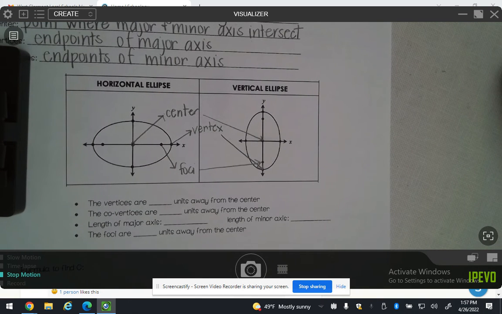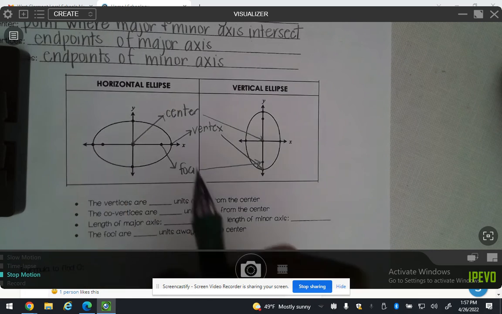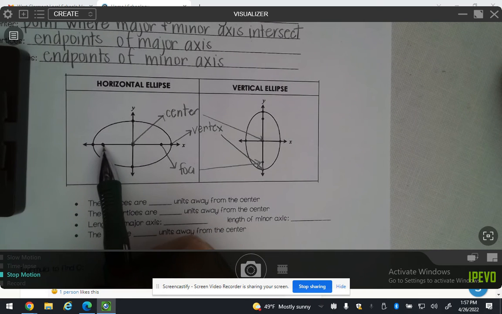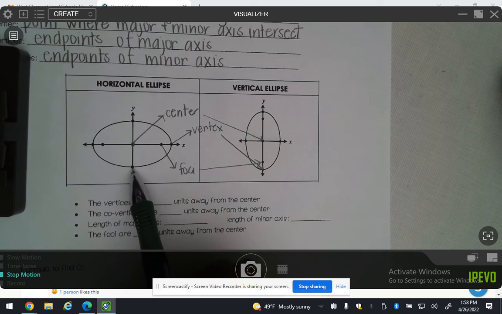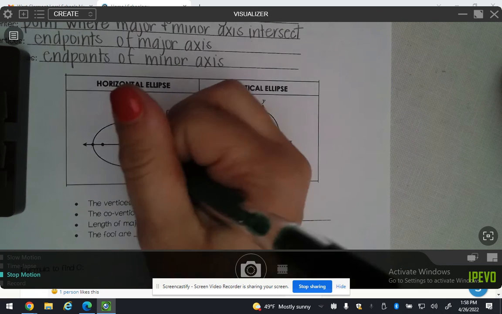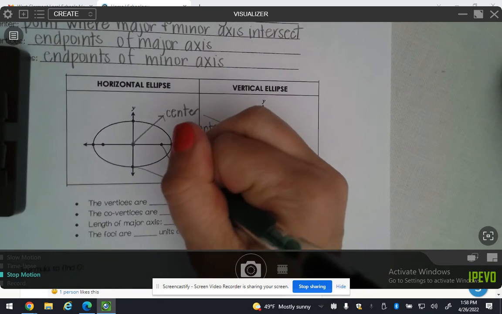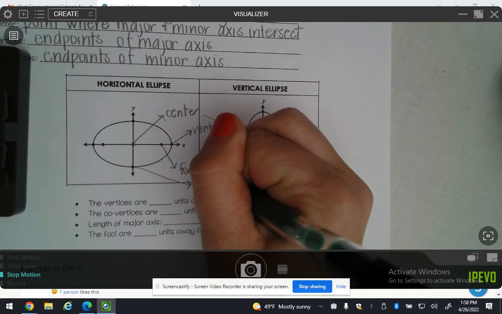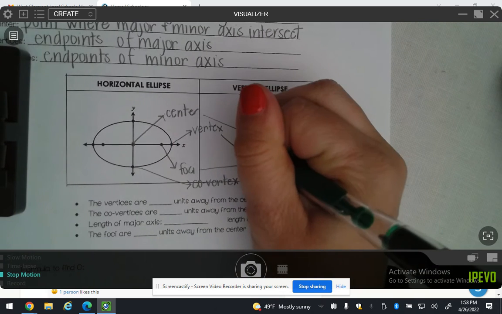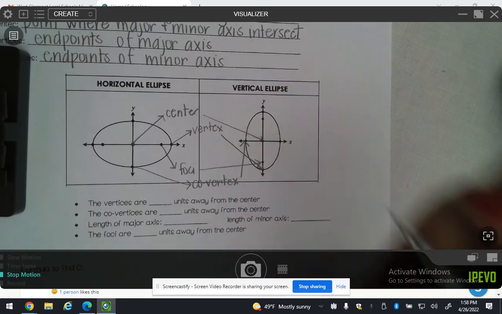I just did them on one. Okay. What's this thing called right here? Huh? That's a foci. And this is a vertex. This is what? That's a covertex. As well as that.